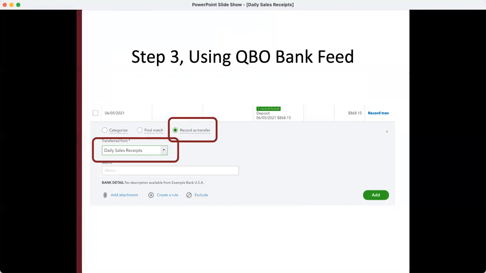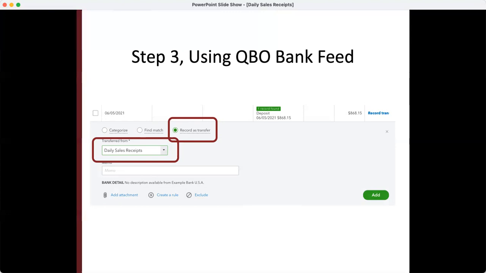Yeah, it can be a little bit challenging, but in a way it simplifies things, because if you receive all your payments into the daily sales receipts, then when you see a deposit in your bank feed in QuickBooks Online, you don't have to try to match it to anything, because it's just a transfer from daily sales receipts over to your bank account.